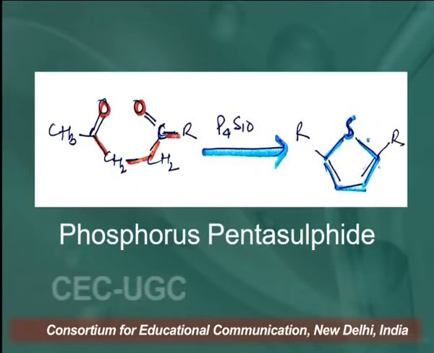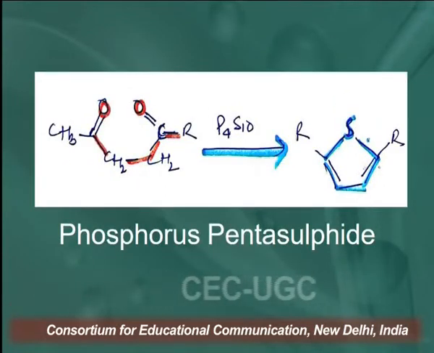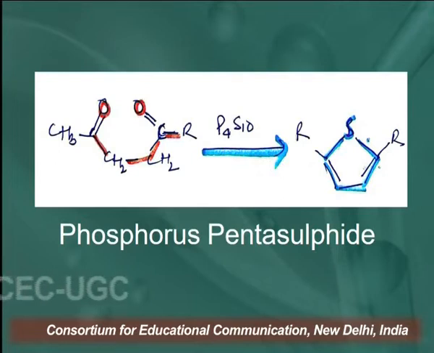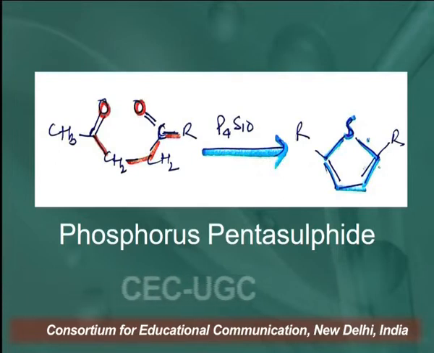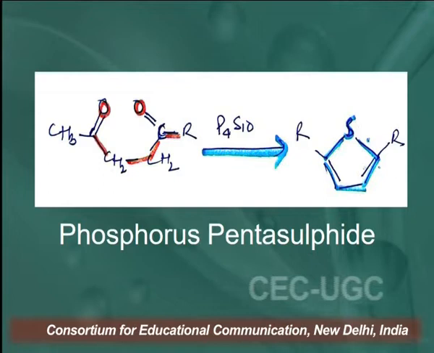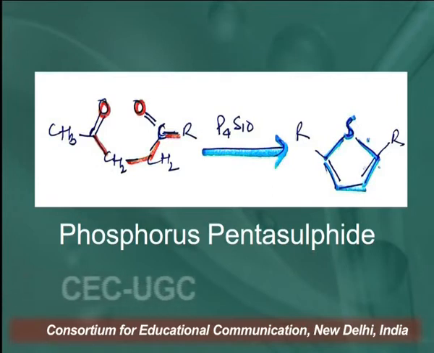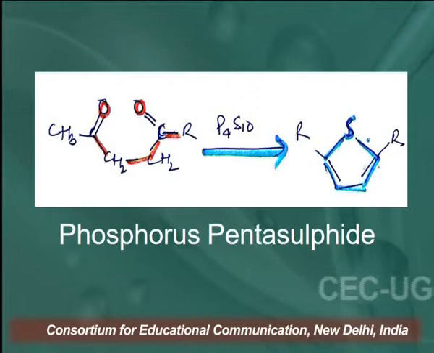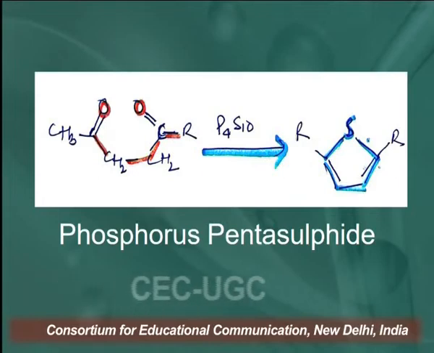Similarly, for the synthesis of thiophene we use phosphorus pentasulfide, which acts as a catalyst, and the 1,4-diketone is converted into a thiophene derivative. So the Paal-Knorr synthesis is a synthetically valuable method for the synthesis of pyrrole, furan and thiophene.